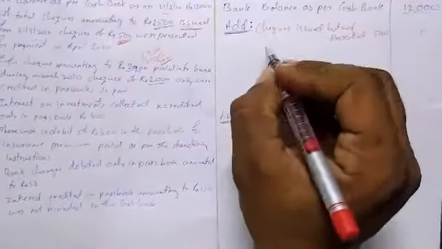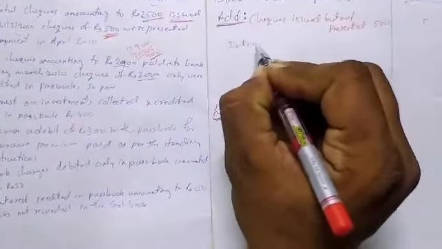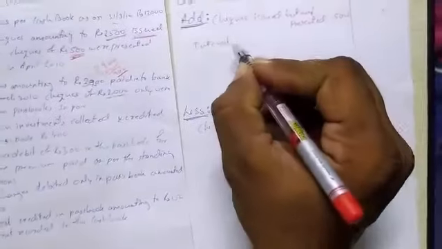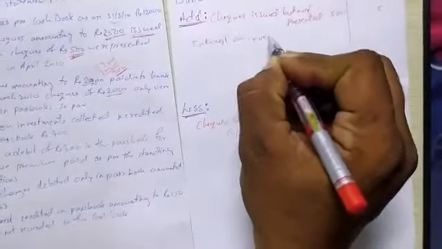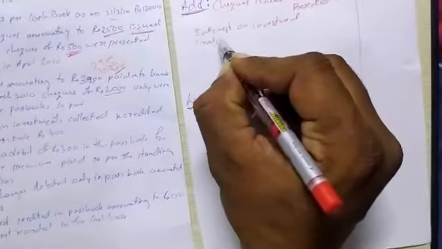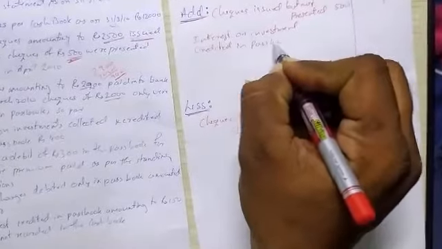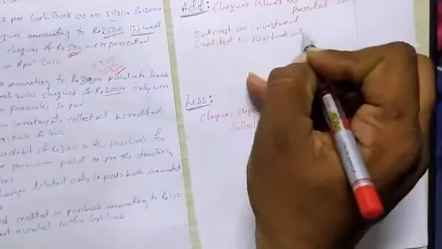So right here, interest on investment credited in passbook only, which we are mentioning now here, rupees 400.